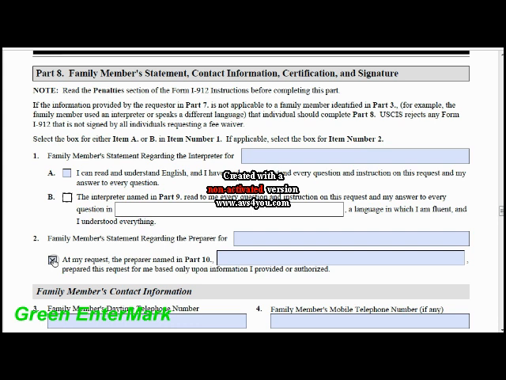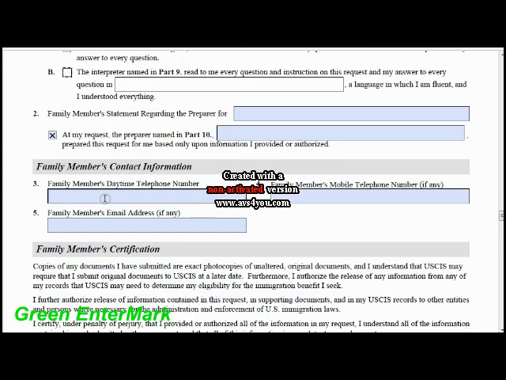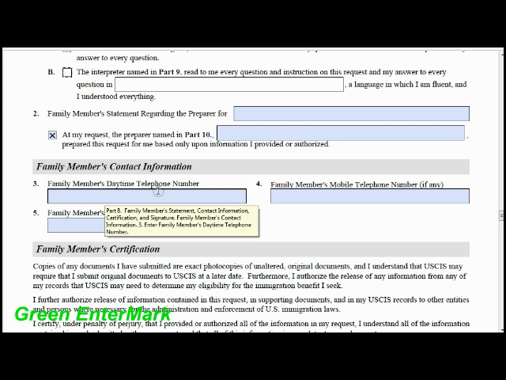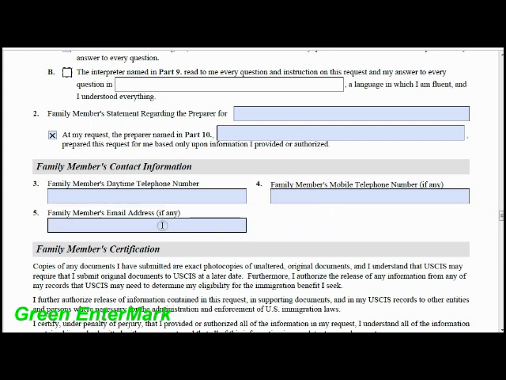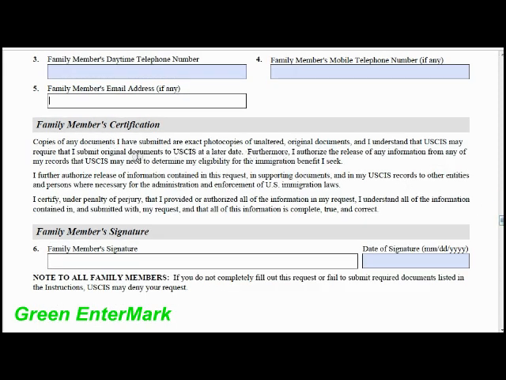And if I can read and write but cannot prepare this form, I am getting the help of a preparer. In this you mention his name and so on. Then the family member's daytime telephone number, mobile number and email address, and the certification that you are putting only facts in the answers to the questions in this form, the signature of the family member and the date.